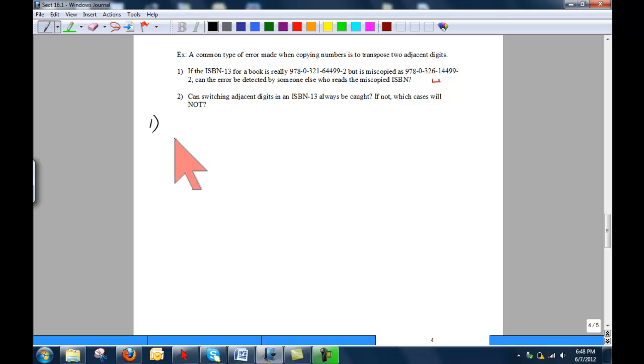Let's check. First of all, let's verify that this original number is a valid ISBN. So check the original number.